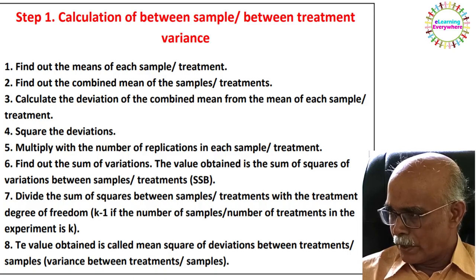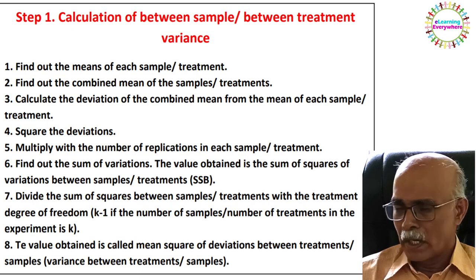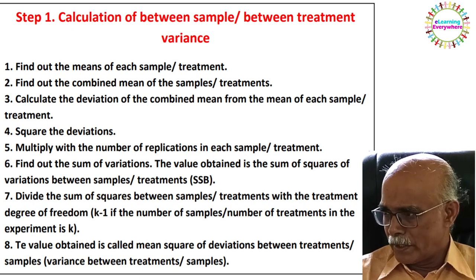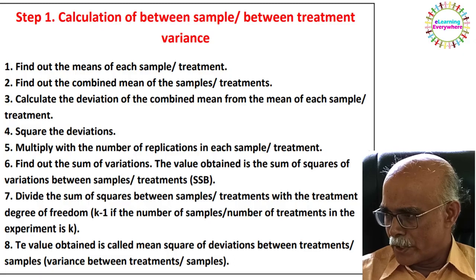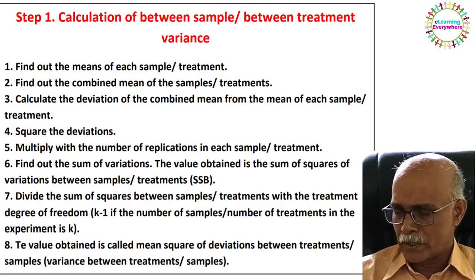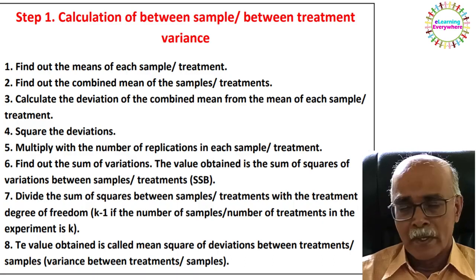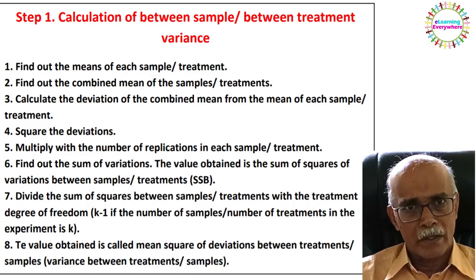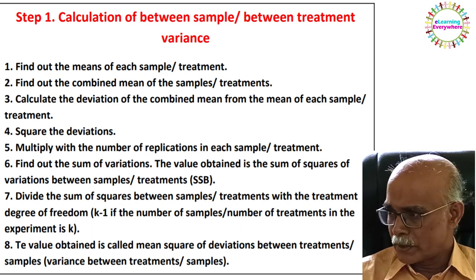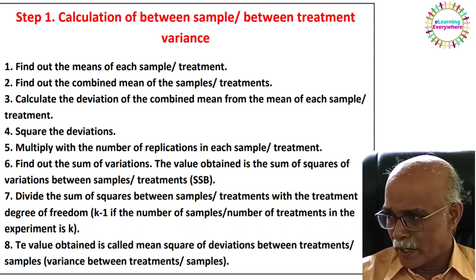The value obtained is the sum of squares of the variations between samples, and you then divide the sum of squares between samples, or between treatments, by the treatment degree of freedom. If there are k treatments, the treatment degree of freedom is k minus 1.